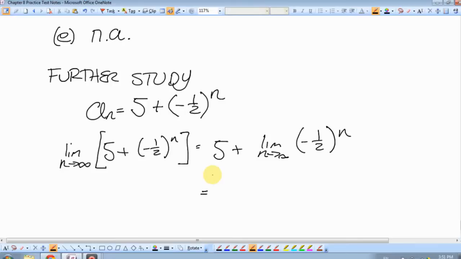Okay, let's talk about this. What happens here with negative 1/2 as n increases? It's going to 0. Doesn't it alternate from positive to negative because it's negative 1/2? It goes to 0. But it goes around. Oh, yeah, it is because there's one on top of it. Very well put.